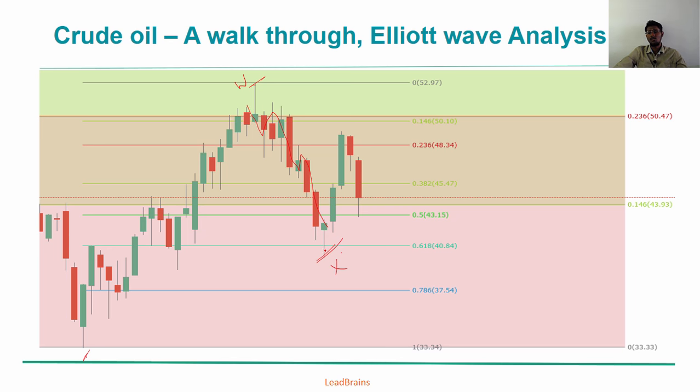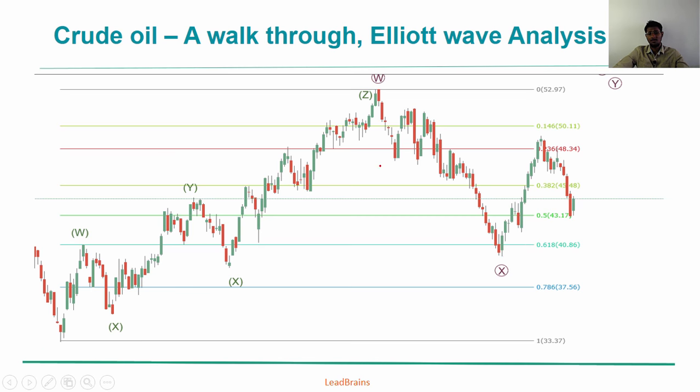And this gives us enormous confidence that the cycle wave X has already ended and the ongoing move has no relationship with the X wave; rather, it's a developing cycle wave Y.